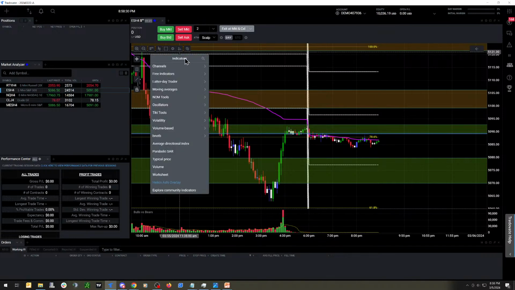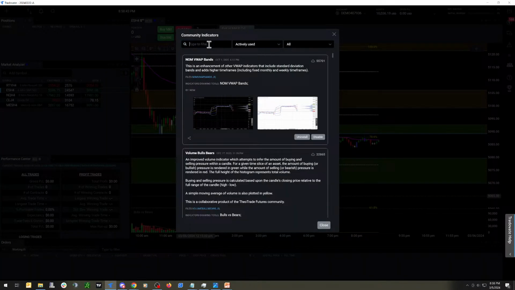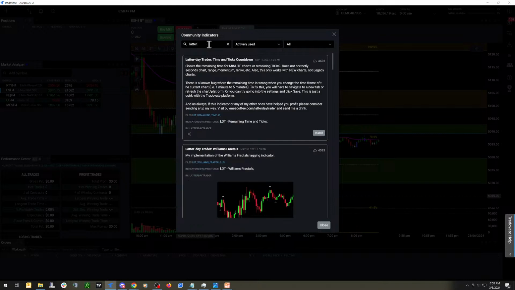And what you do is, if you're on TradingView, you go to indicators, and we're going to go to explore the community. Search for Latter, dash Latter Day.